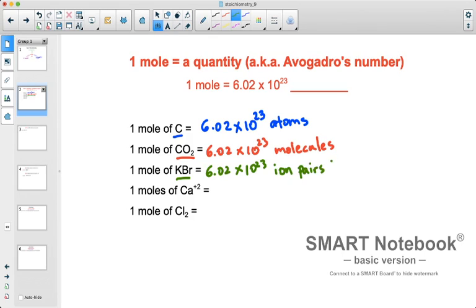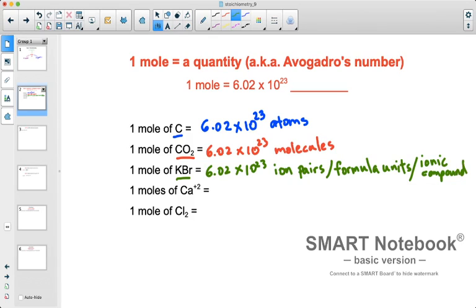I can write down formula units. That's something that you might see when we deal with ionic compounds. And we can even just write down ionic compound. That's probably the easiest to remember because you can recognize it as an ionic compound.